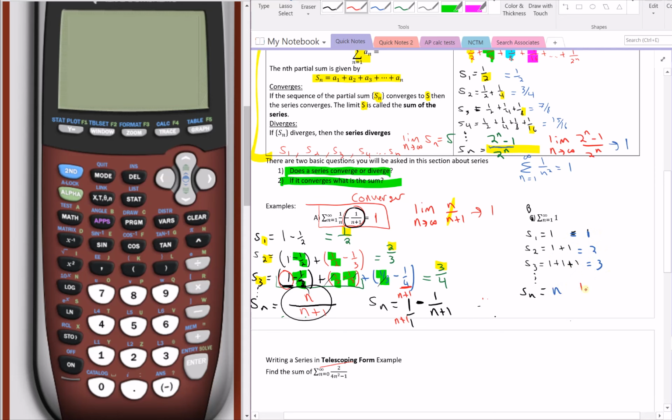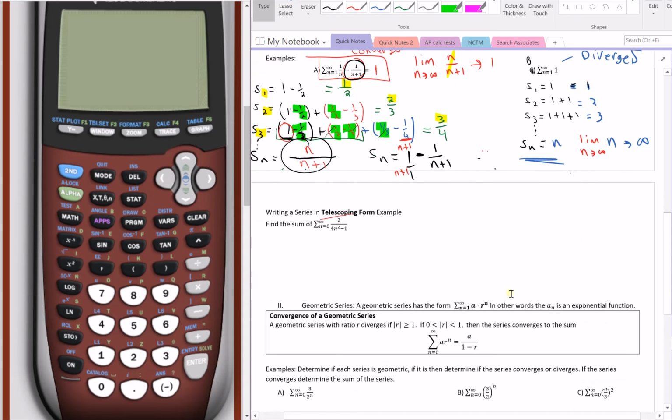And then we're taking the limit as n goes to infinity of n. And you can basically just do direct substitution. It's going to go to infinity. And so because the limit of the nth partial sum goes to infinity, we would say that this series diverges. Right? It's not going to approach a fixed number. It's going to go to infinity.